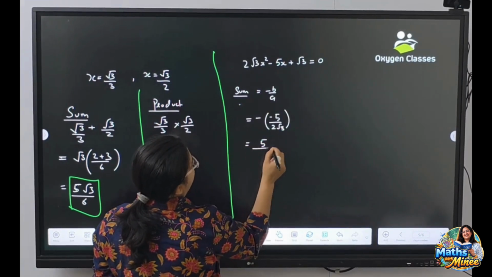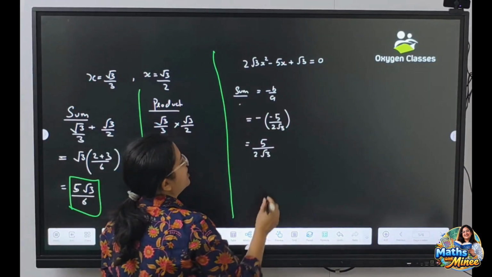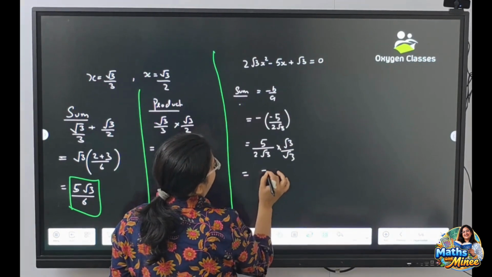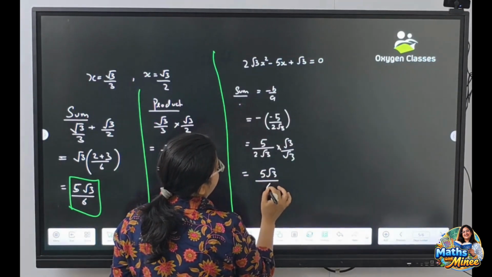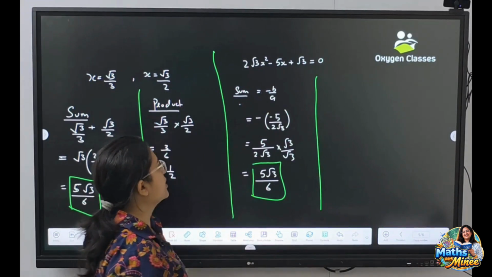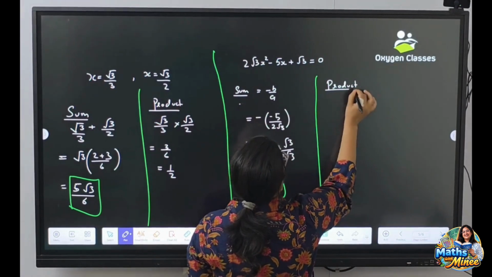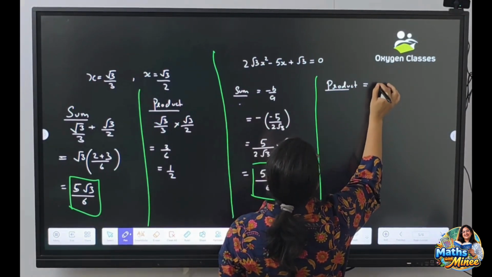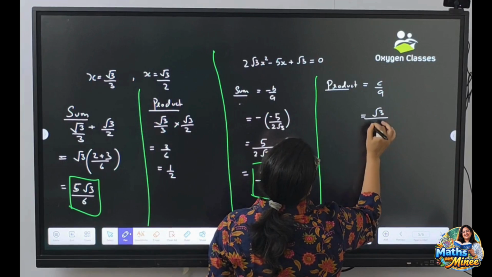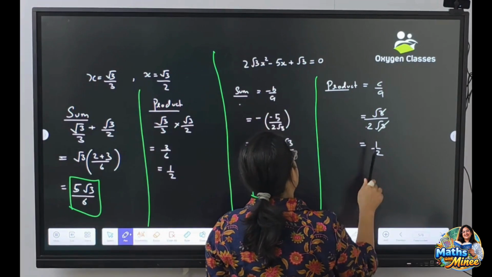So that will be 5 upon 2 root 3. Again, we cannot keep the irrational number in a denominator. So we will multiply by root 3. We will get 5 root 3 by 6. Okay. Now let us verify the product. So for the product, we have the coefficients, that is c by a, which is equal to root 3 over 2 root 3, root 3 cancels, so answer will be 1 by 2.